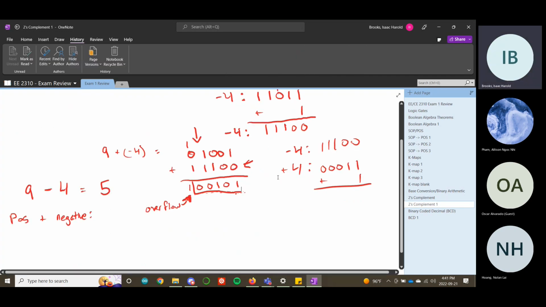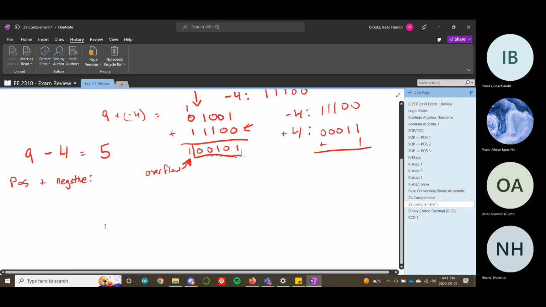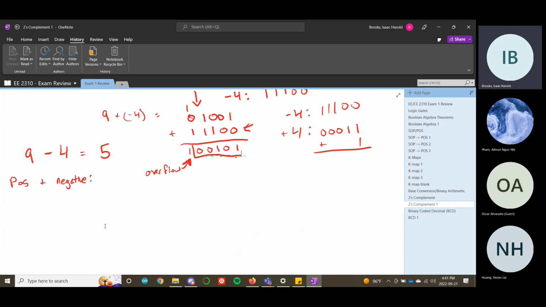But we can get an overflow when we're adding a positive and a negative number. If you were adding a, well, let me make sure I don't get this wrong now. I think there was a whole thing about it in the notes too. So, overflow.